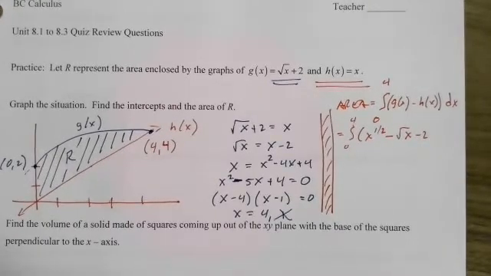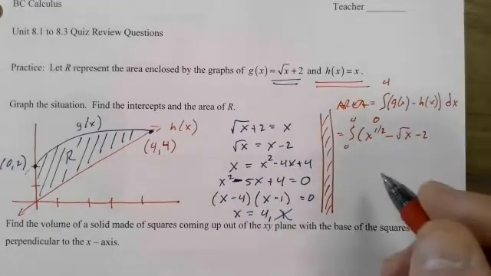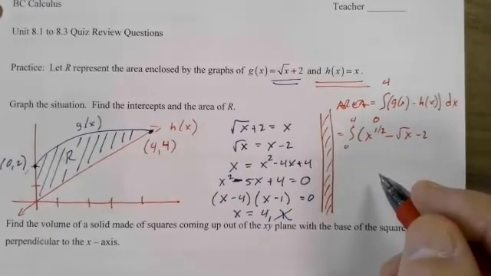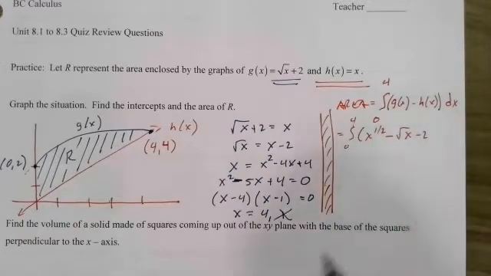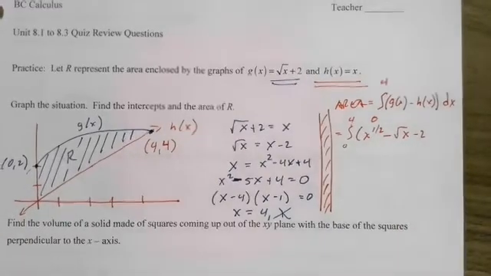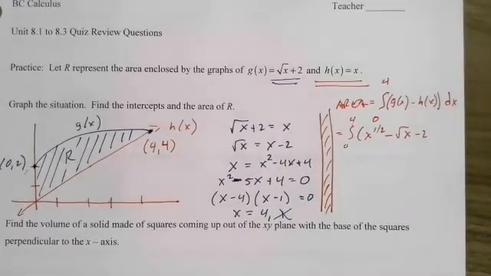And I just made a mistake, I think. No, that looks good to me. Oh, I got the wrong one on top. One second while I sort this out. What a mess.